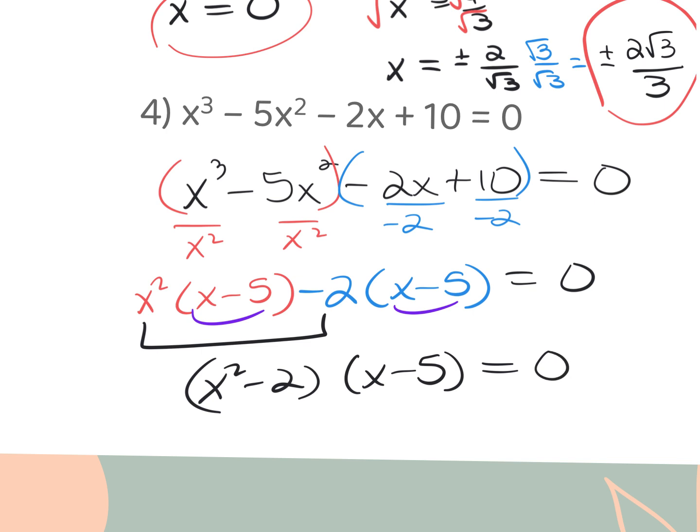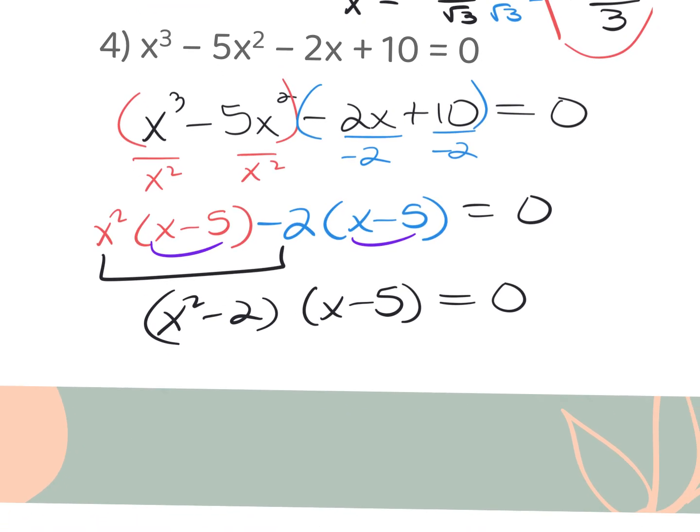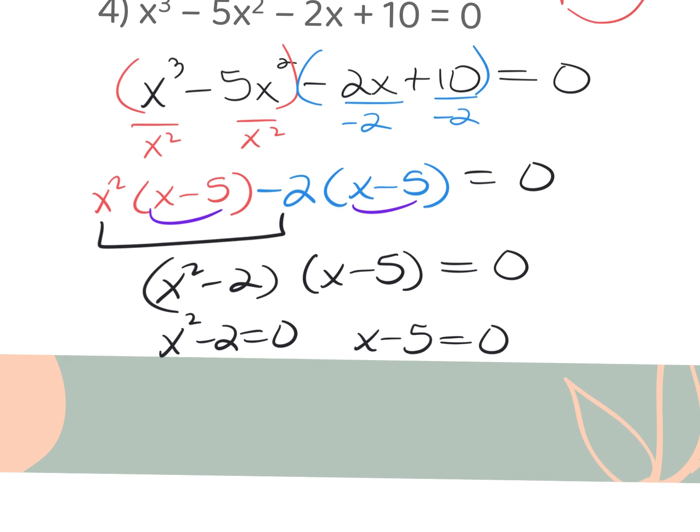I now set each one of the factors equal to 0. So x squared minus 2 equals 0, and x minus 5 equals 0. I'm now going to solve by adding 2 to both sides. X squared equals 2. Square root both sides.